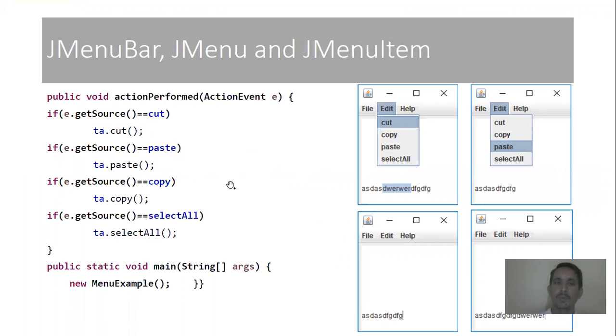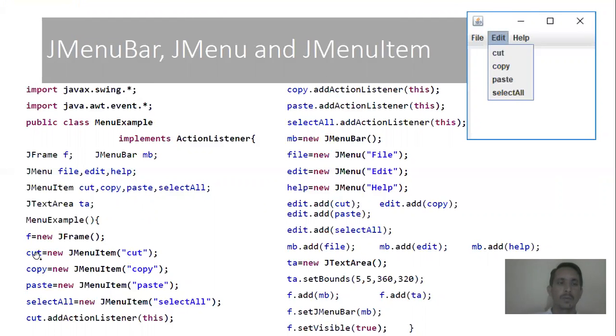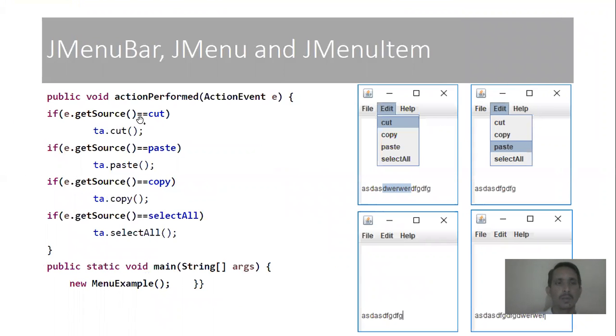In the previous slide we declared cut, copy, paste outside the function, so they are accessible in the other functions over here. If it is equivalent, we can either check getText, which is also enough, or check the direct reference. Now it is an object reference. Is it the cut object? Yes. Paste object? Yes. Then do this thing, this thing, this thing.